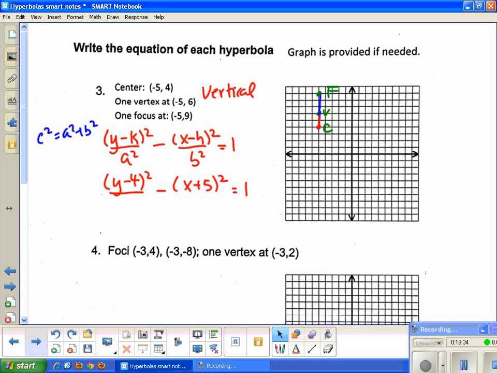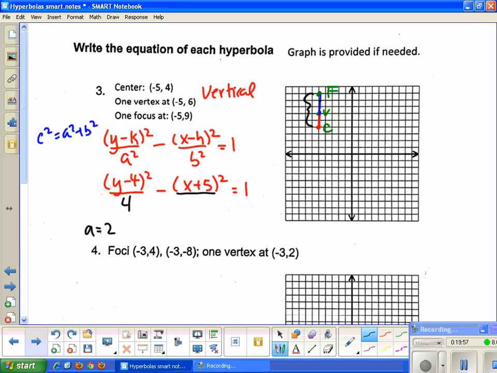And I know that my a value is the distance from the center to the vertex, which in this case is equal to a value of 2. So a equals 2, so a squared is 4, so that goes here. Now I just need to figure out what b is. So I know my distance of c, and if you look, you can count from here to here.